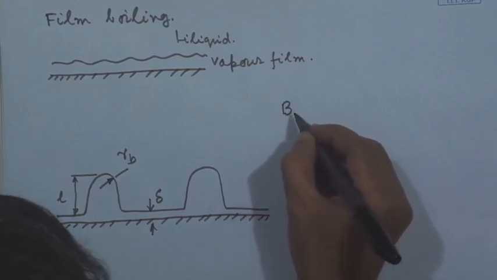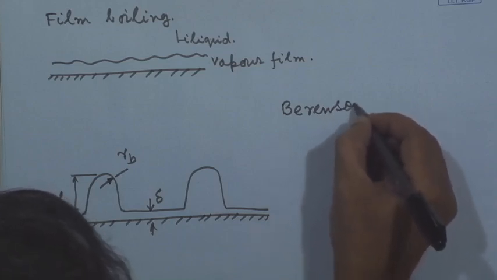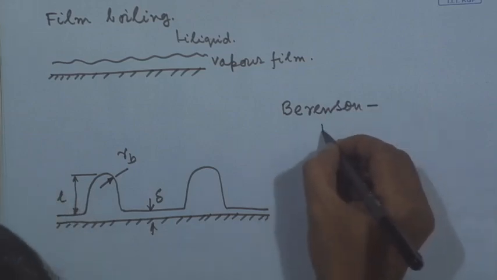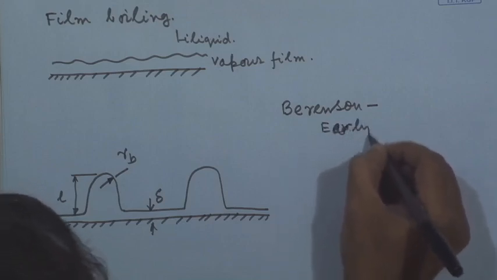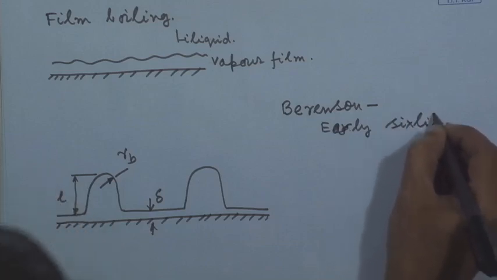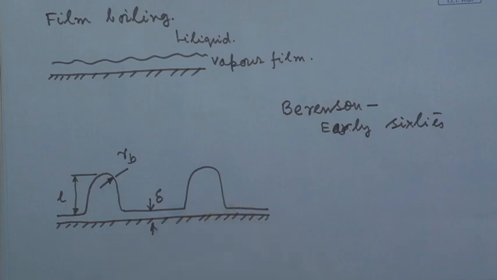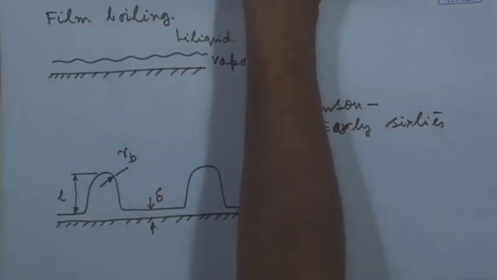In fact, long back, in the early 60s, Berenson has given a theory from which one can calculate all these things. What he has proposed is a standing Taylor wave and a laminar flow of vapor. With this assumption, one can calculate what is delta.